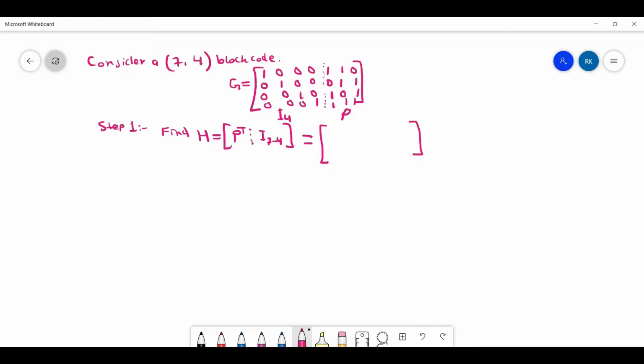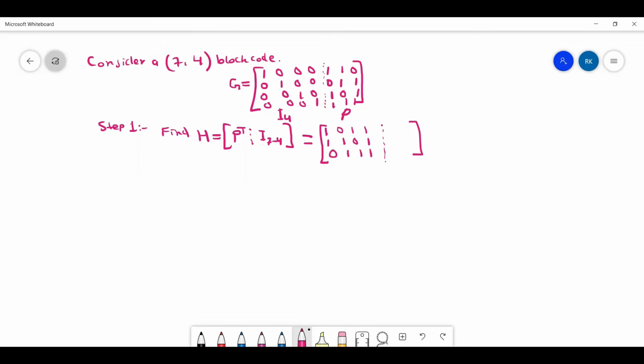So let's transpose this part of the generator matrix, the parity matrix. Let's transpose it. So we will have 1, 0, 1, 1. Let's make the partition here. Okay, and then 1, 1, 0, 1. We are just transposing this P part. Then we have 0, 1, 1.